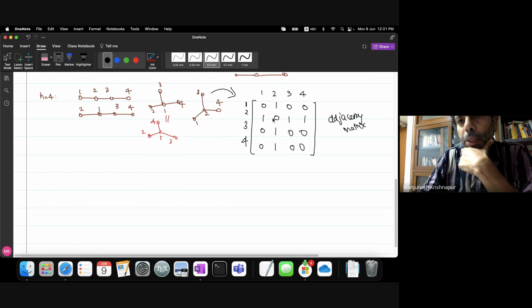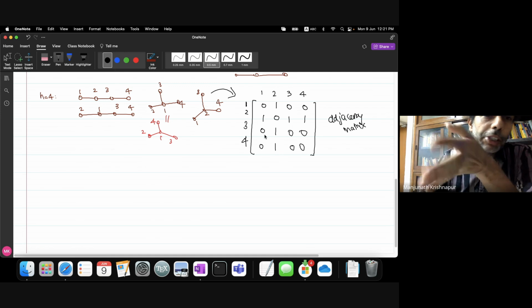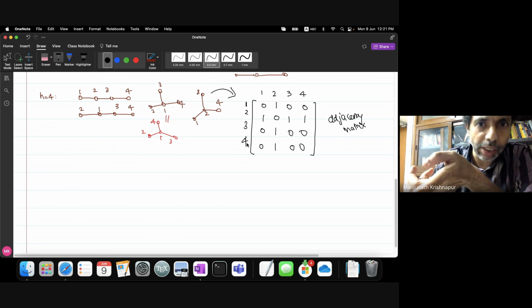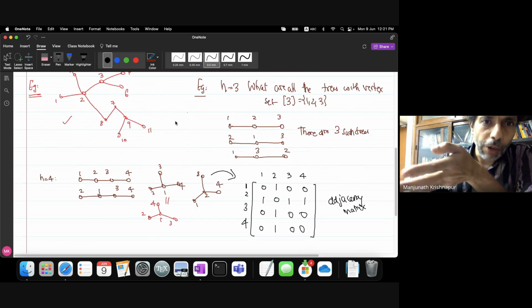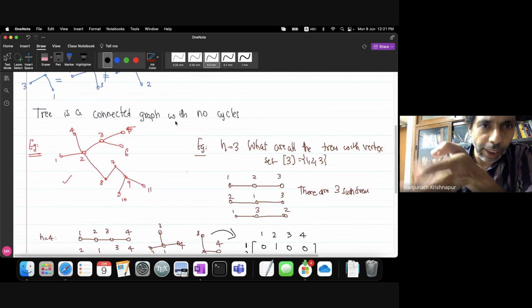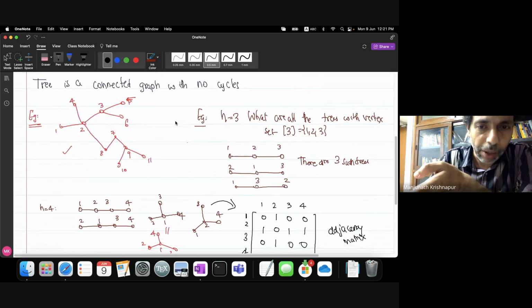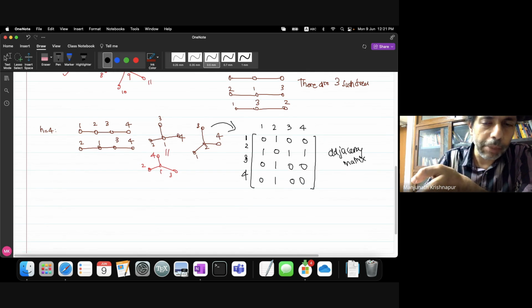It is always a symmetric matrix with the entries being zeros and ones. So this way you can make sure that two graphs are identical. First of all, you should write the vertices in the order 1, 2, 3, 4. If you have two labeled graphs, two graphs whose vertices are labeled 1 to n, then you write the adjacency matrix, and you will immediately know whether they are the same or not.